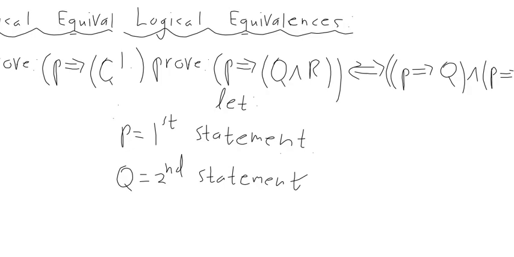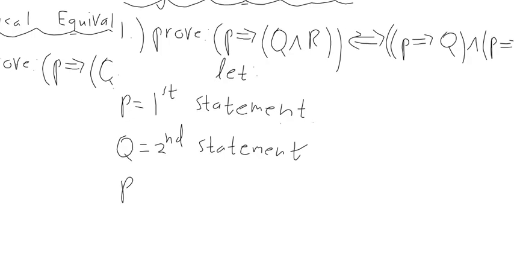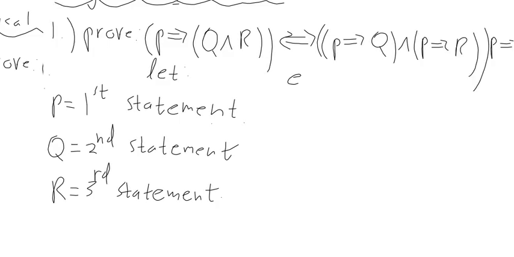And let R be the third statement. That's on the left-hand side. On the right-hand side, each statement can be true or false, remember? So statement 1 can be true or false, statement 2 true or false, statement 3 true or false.